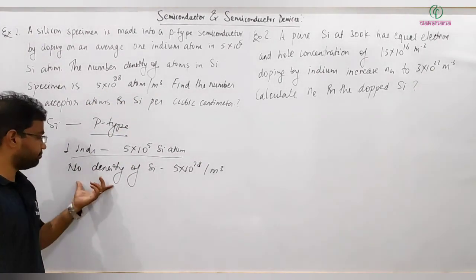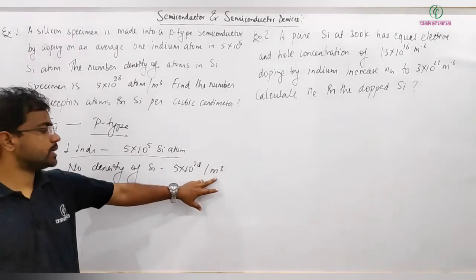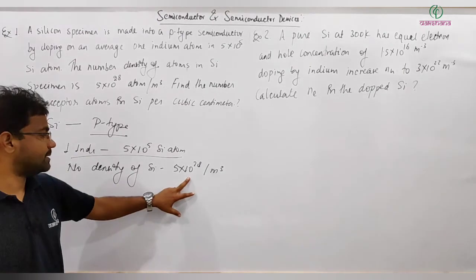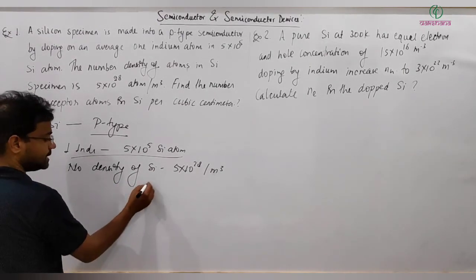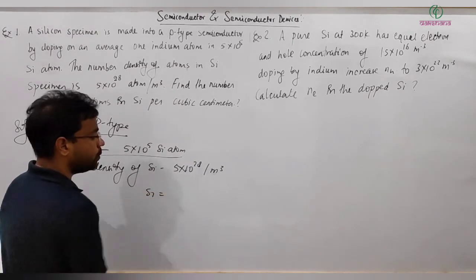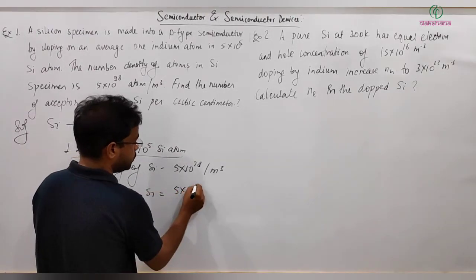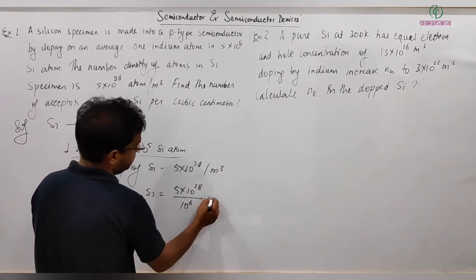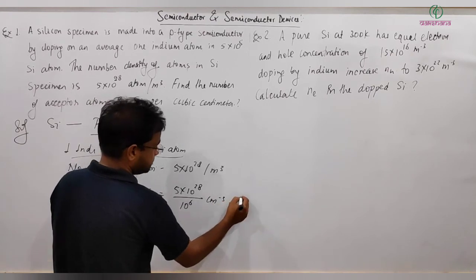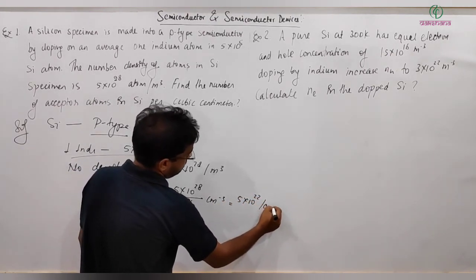Okay, so we understood. First thing is in 1 meter cube, it's these many number of atoms of silicon. So I can write number density of silicon in centimeter cube. In 1 centimeter cube, how much it will be? So it's 5 into 10 raised to power 28 divided by, I can simply convert it into 10 raised to power 6, per centimeter cube, and this comes out to be 5 into 10 raised to power 22 per centimeter cube.